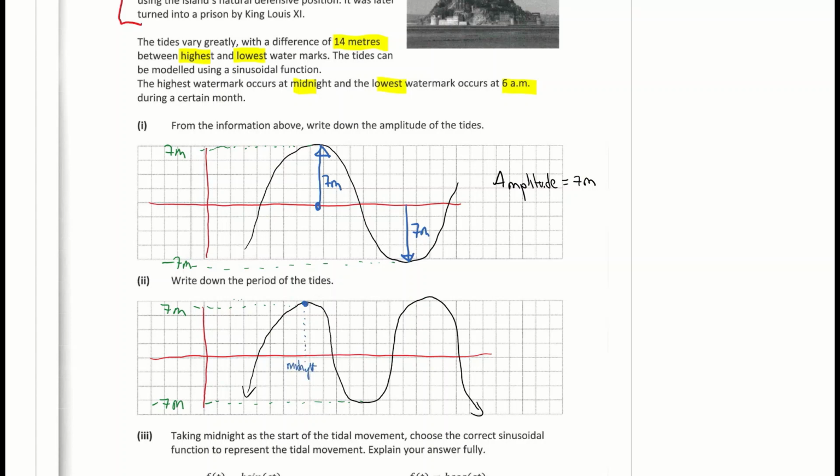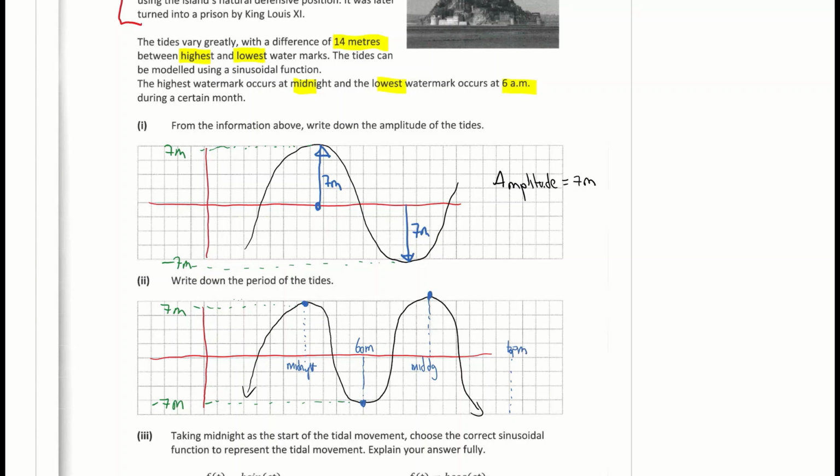And it's at its lowest at 6 a.m. So I'm calling this time 6 a.m. And this cycle will repeat. So that's adding 6 hours from midnight to 6 a.m. So again, it's going to be at its highest 6 hours later, which is at midday. And then it's going to be at its lowest once again at 6 p.m.